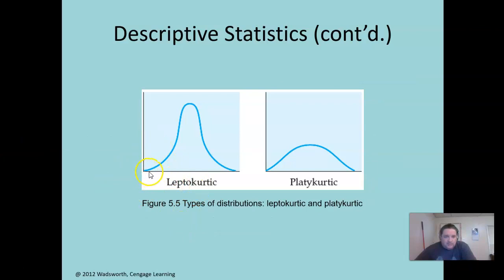The leptocurtic, you can see, has most of the scores here in the middle with few on the outside, so it kind of goes up and then down. And then platykurtic, the scores are more evenly distributed, so the curve itself is relatively the same height as you go across.